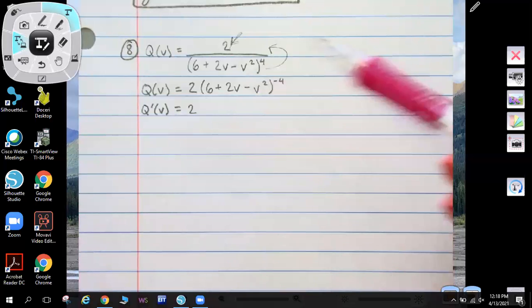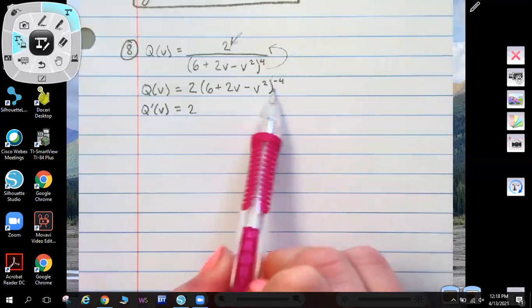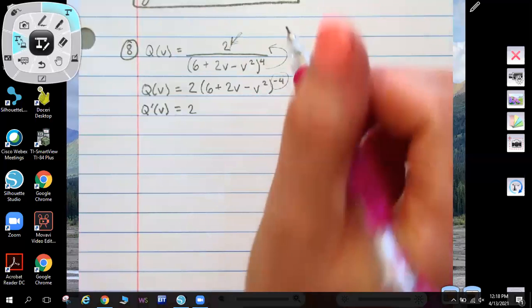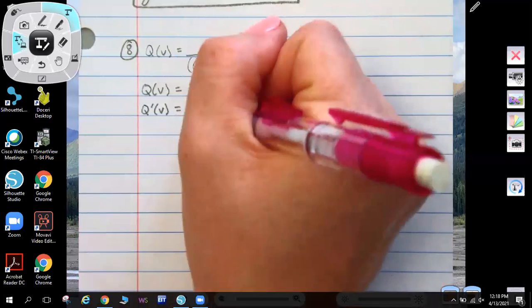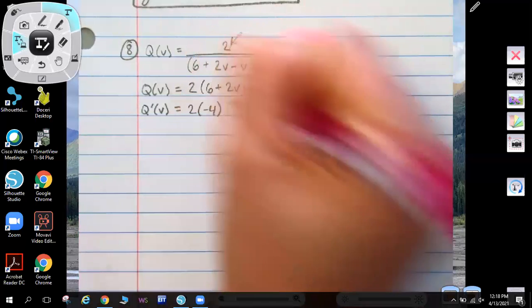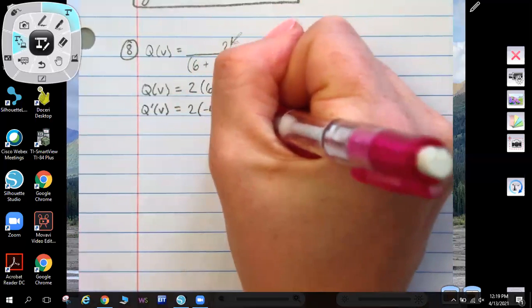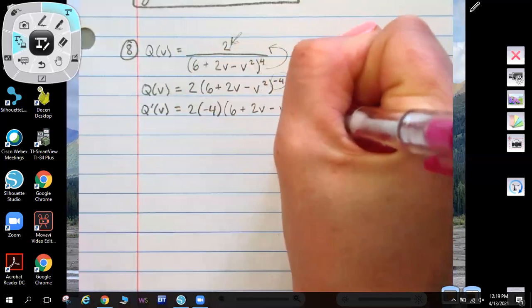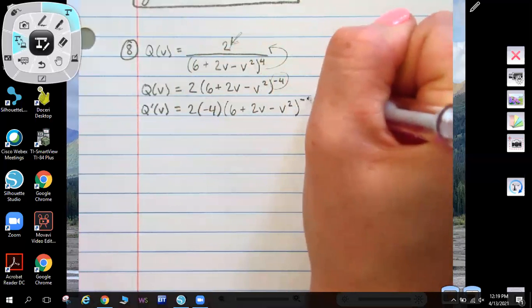The outside function is this exponent of negative 4, so we deal with that first. To deal with an exponent, we bring the exponent down in front. So negative 4 comes down in front, 6 plus 2v minus v squared stays the same, and our new exponent is negative 5.